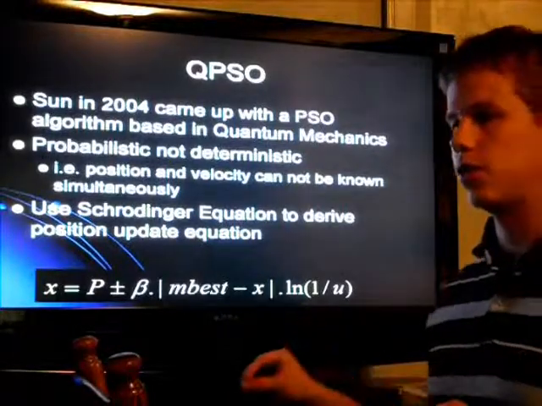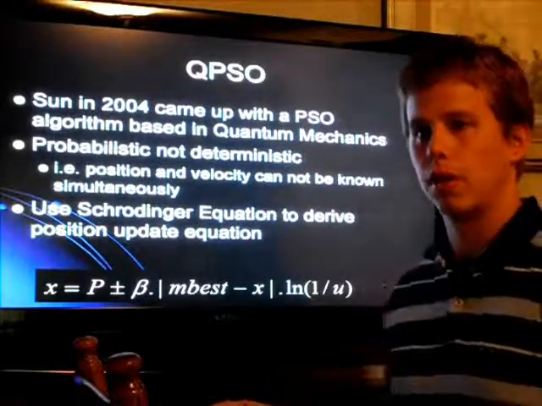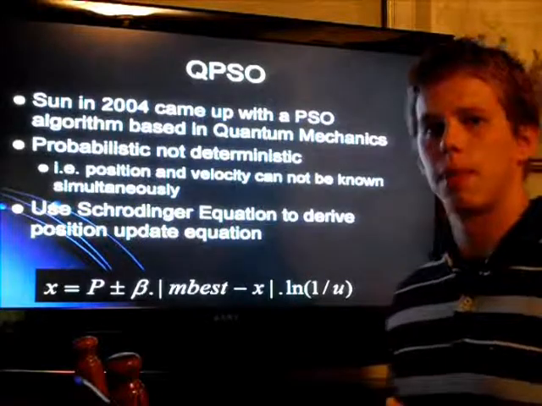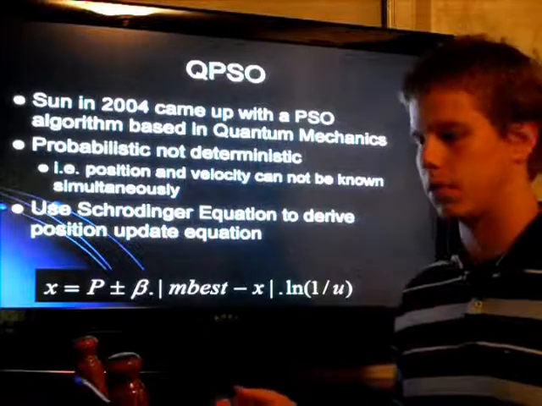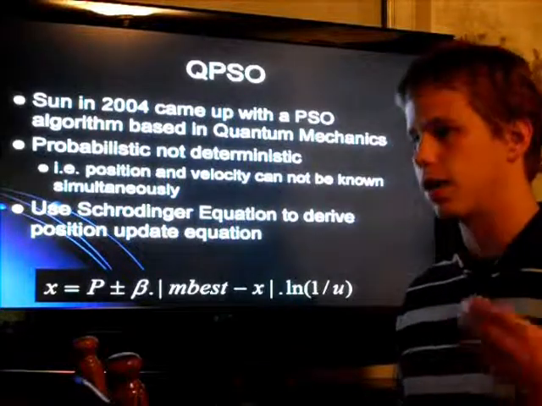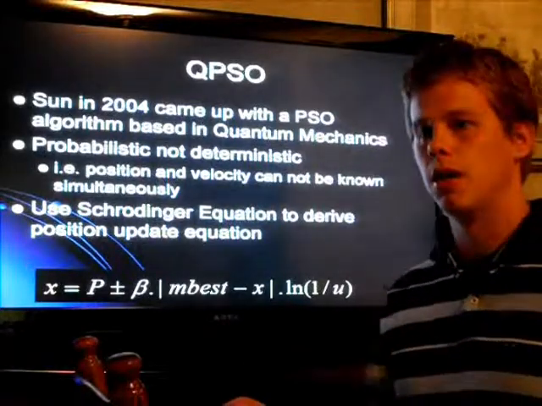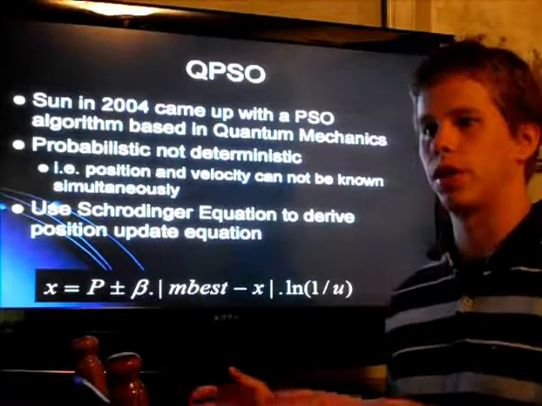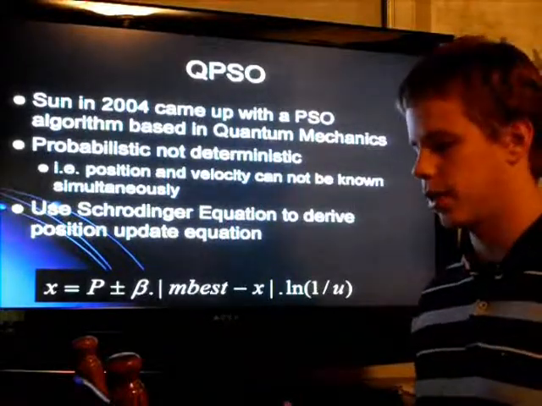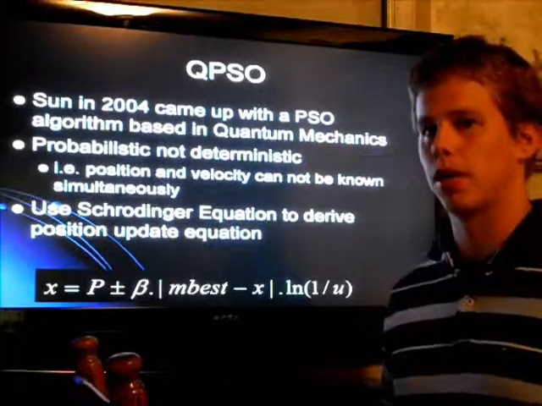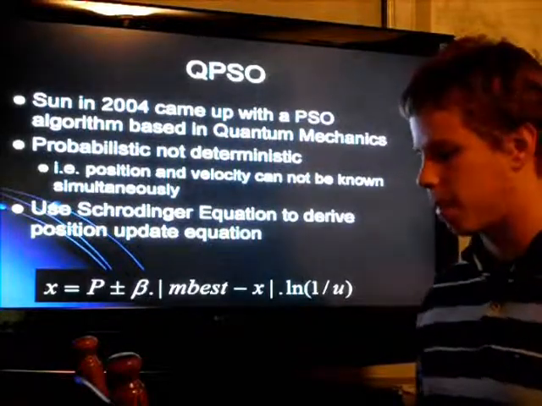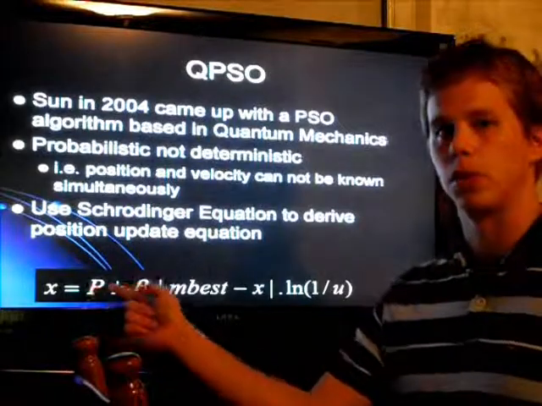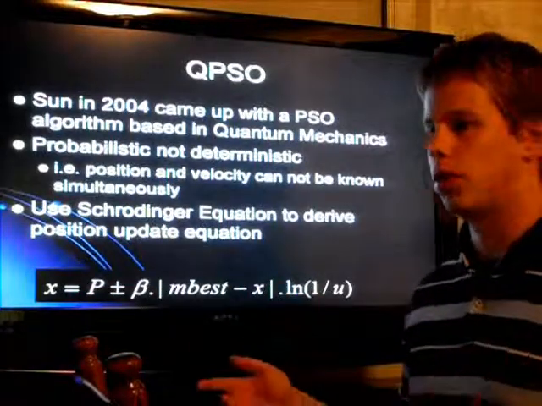So what QPSO does is it does away with the velocity equation that standard PSO employs, and it derives its position update equation based on the Schrödinger equation, which is the governing equation for all quantum mechanics. And I wish I could go into more detail about it, but you can read more about QPSO if it interests you. But here is the particle update for QPSO.